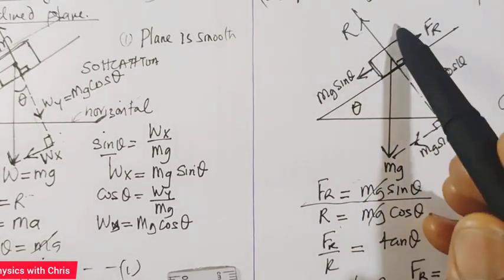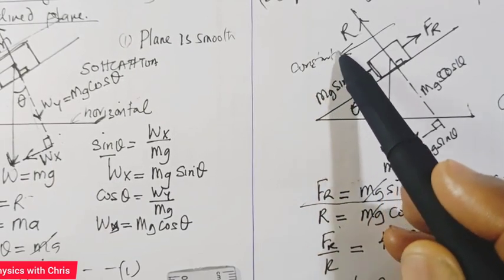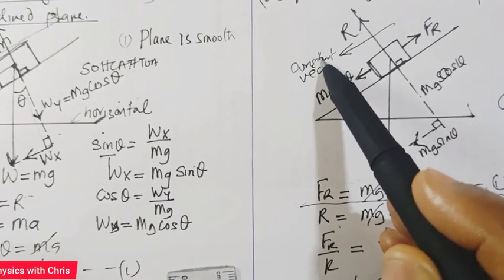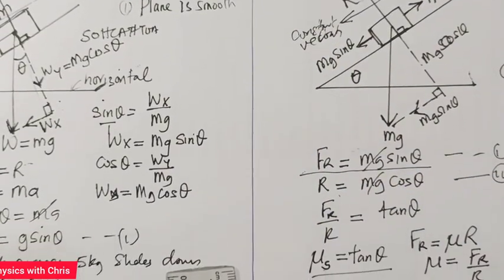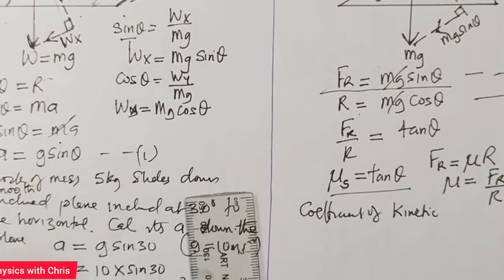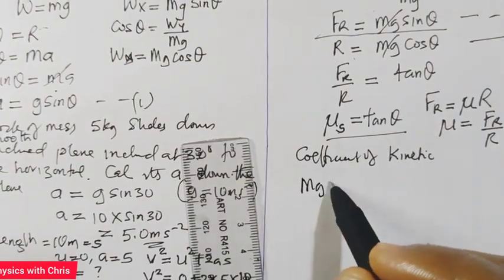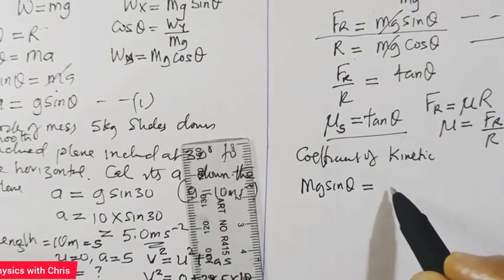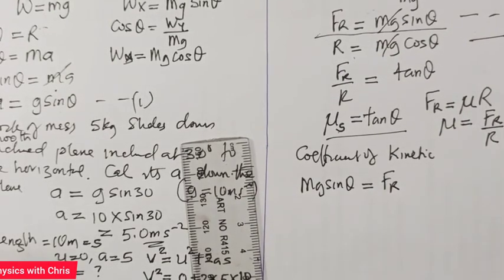So when the body slides down with constant velocity, the frictional force that must be overcome to keep it moving with a constant speed is called the kinetic or dynamic frictional force. To find the coefficient of dynamic friction, I have to equate mg sine theta to Fr.